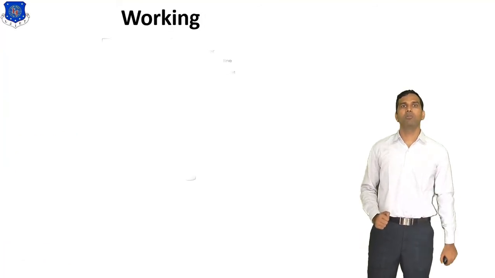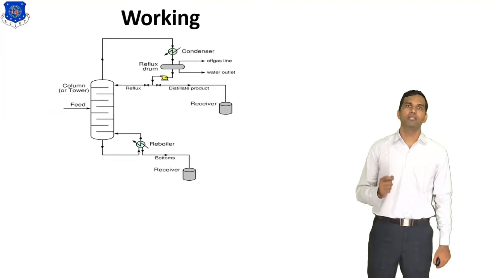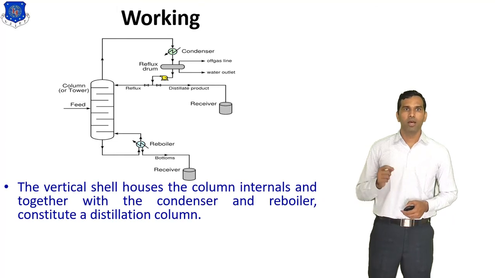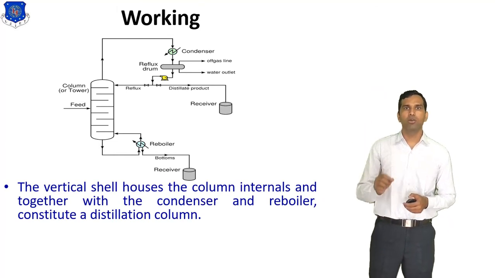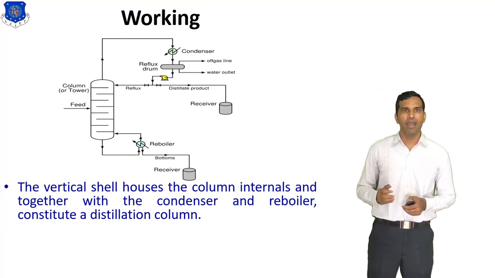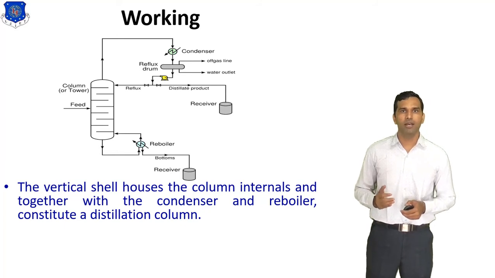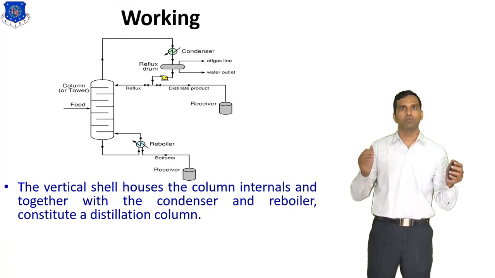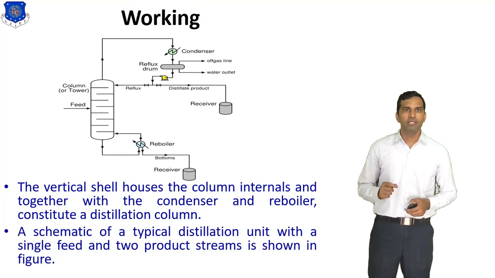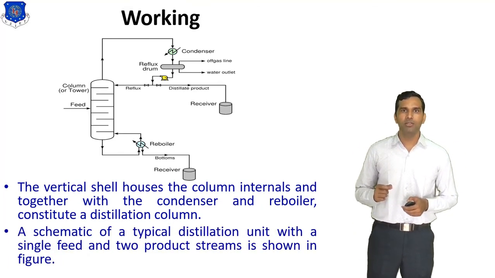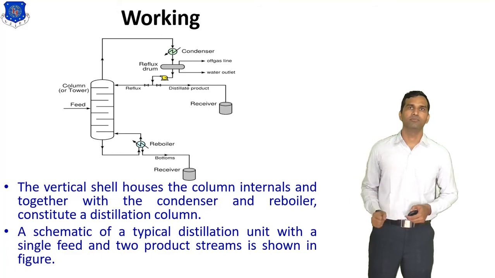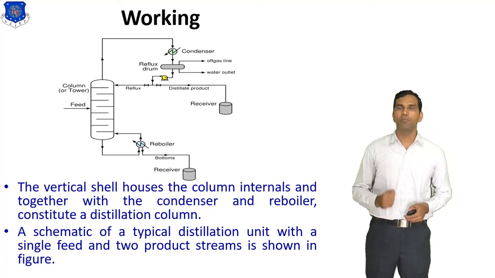Now we discuss the working of this distillation process. The vertical shell houses the column internals, and together with the condenser and reboiler it makes up a distillation column. A schematic of a typical distillation unit with a single feed and two product streams is shown in the figure.